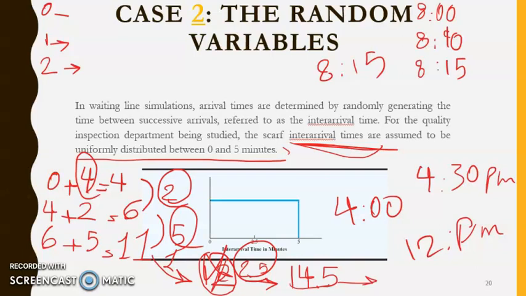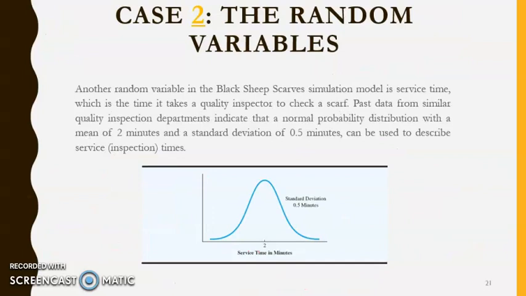If you still think you need to think more about this slide, just pause the video and think about it, and feel free to ask if you have any question. Here we go to another random variable that we need to use for this problem. It is a normal distribution variable.